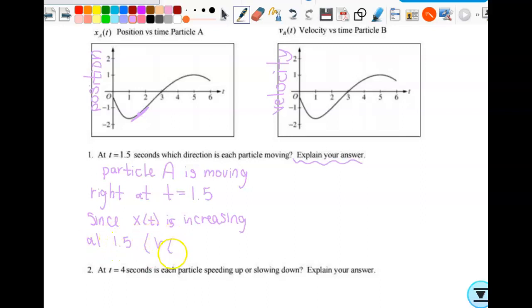So therefore the velocity at 1.5 is positive. Remember, velocity is the rate of change of position. If velocity is positive, it tells you position's increasing. Okay? Velocity at 1.5 is greater than 0.